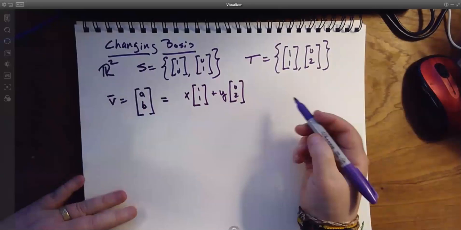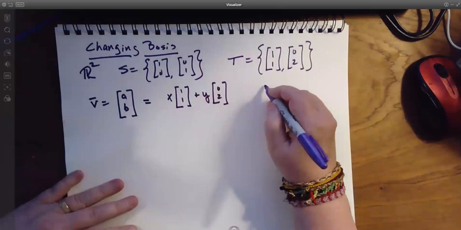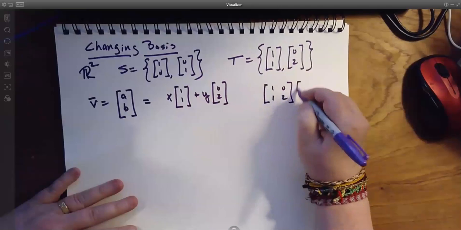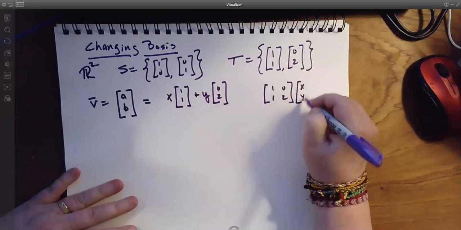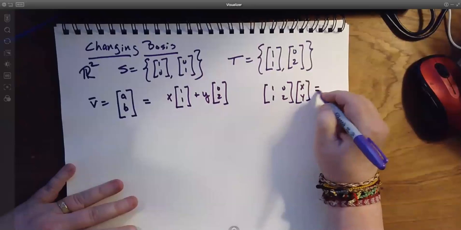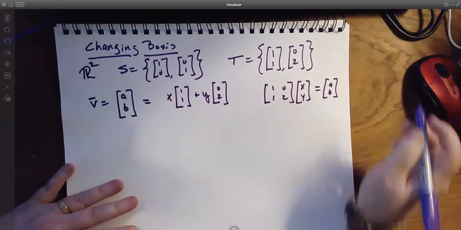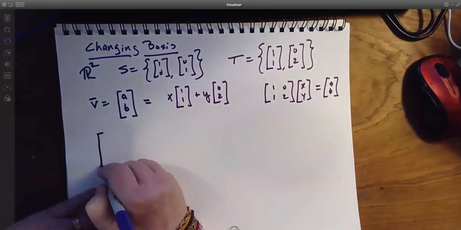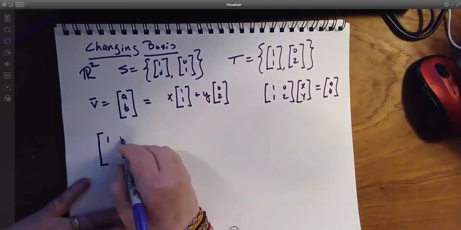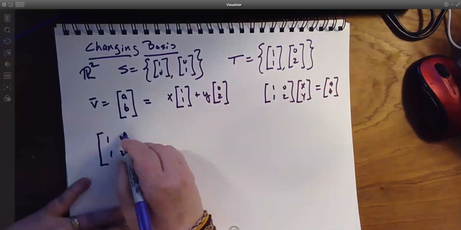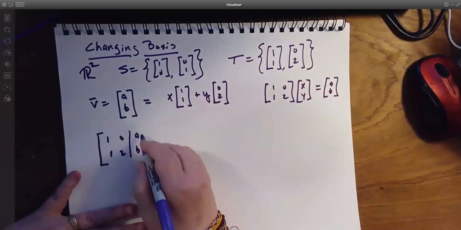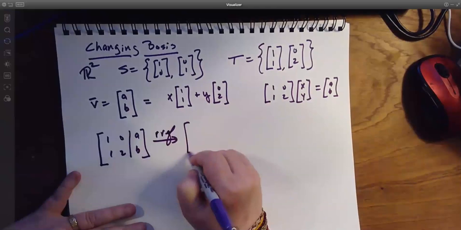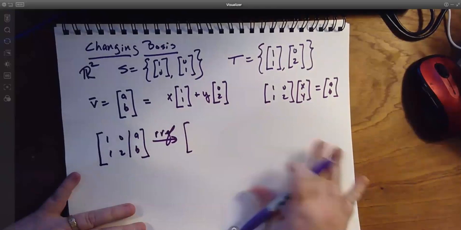I can write this as a matrix: I have [1 0; 1 2], multiply by (x, y), and I want to get out (a, b). The way I do that is augment with (a, b) and put it in row reduced echelon form, and I'll come up with some mess. I'm not going to do it quite yet because I'm going to show you a different way.